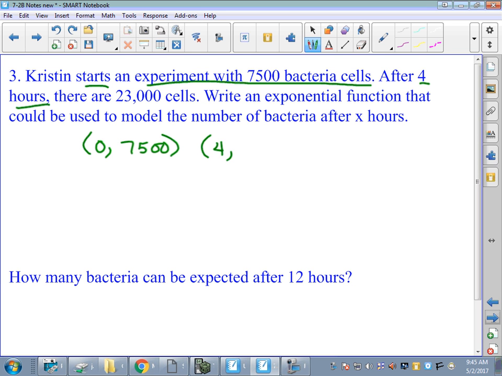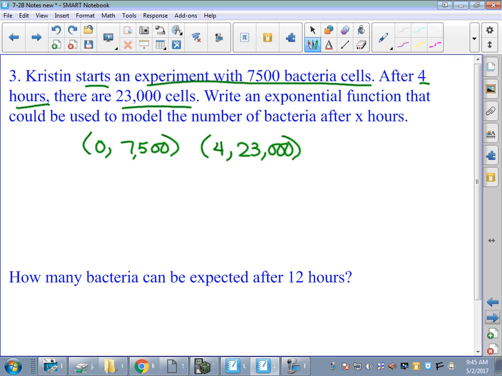After 4 hours, there are 23,000 bacteria cells. Write an exponential function that could be used to model the number of bacteria after x hours. Well, you can clearly see as time increases, the amount of bacteria increased. So my base better represent growth. It better be a number greater than 1.